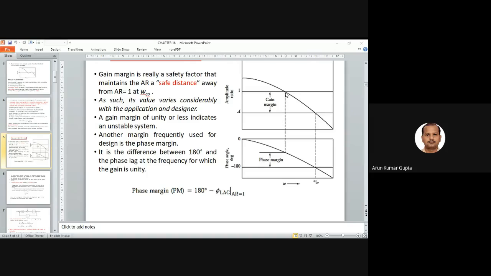And from this AR equal to 1, we draw a line to the phase diagram, and from here we can say this is the phase margin. Okay, so copy this. I will show it here.